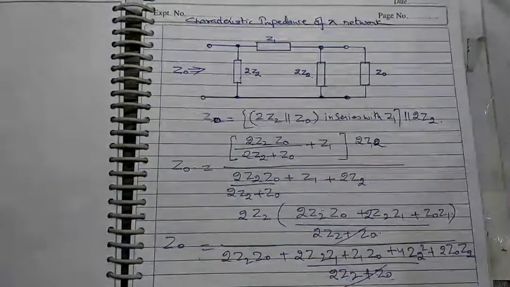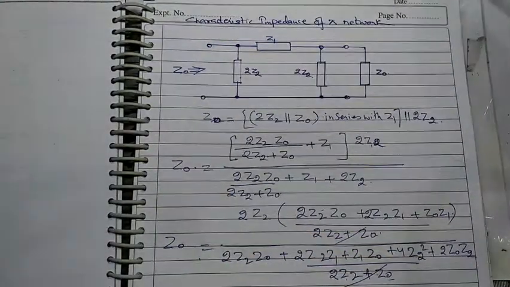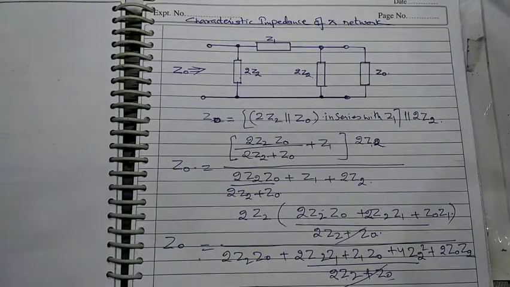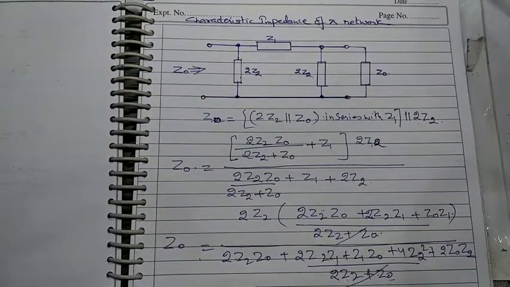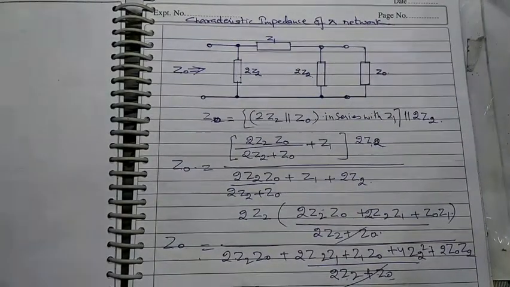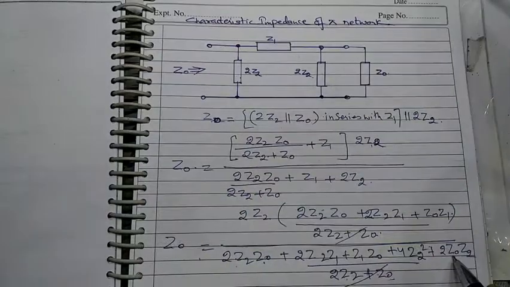Multiply and open the brackets, we get 4Z2 square ZO plus 4Z2 square Z1 plus 2Z2 ZO Z1, divided by this quantity: 2Z2 ZO plus 2Z2 ZO.